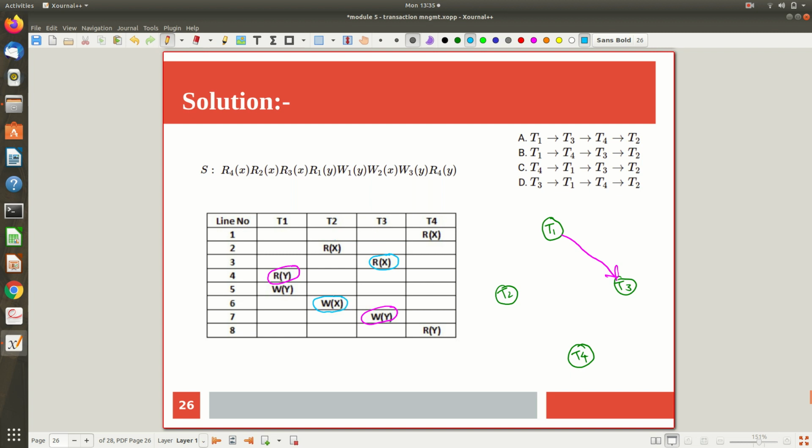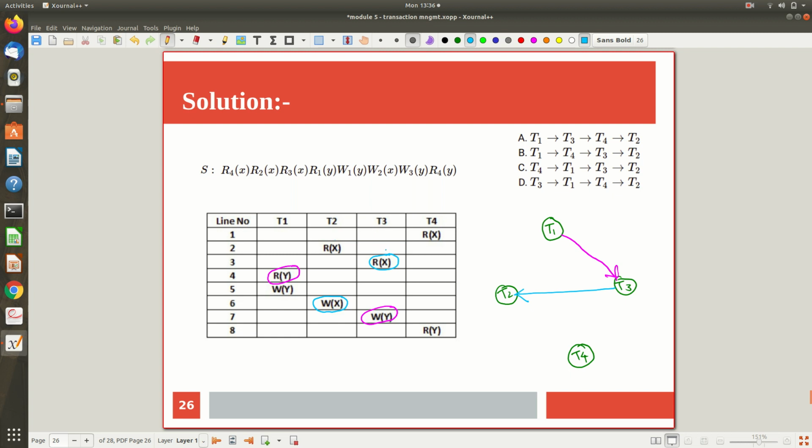So I have the read write conflict on the data item x between transaction T3 and T2, and you can see that the operation in T3 is conflicting with something following it. So the edge is going from T3 to T2. We can see this edge because of these two operations.